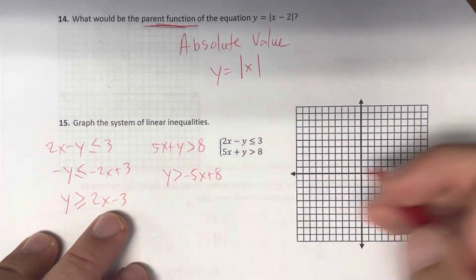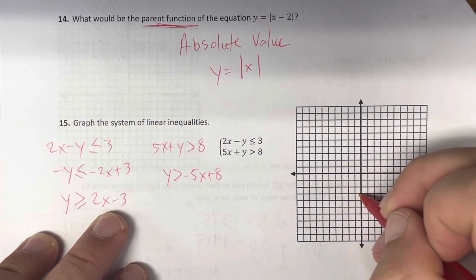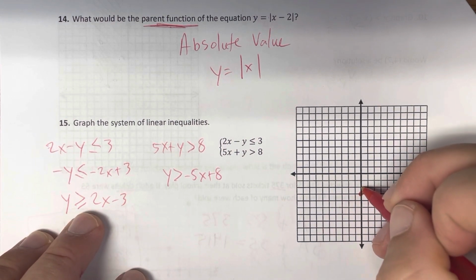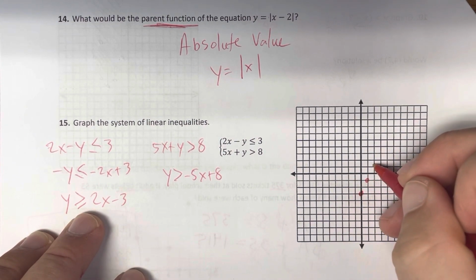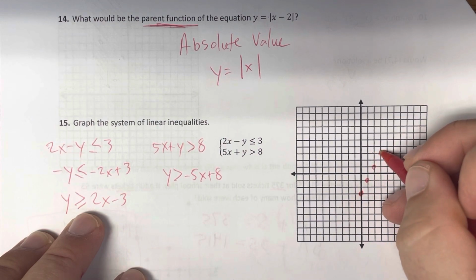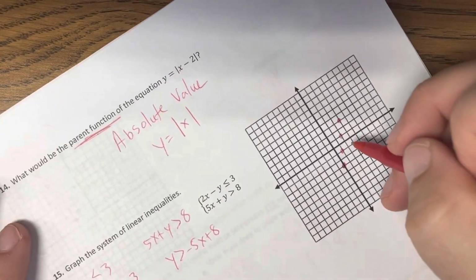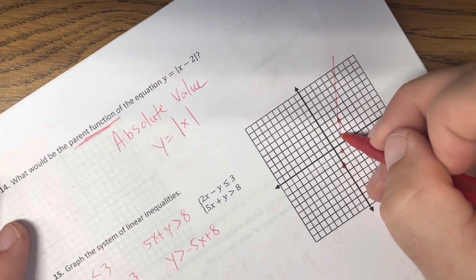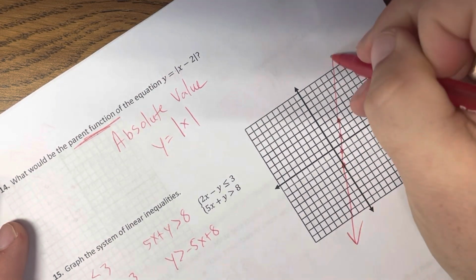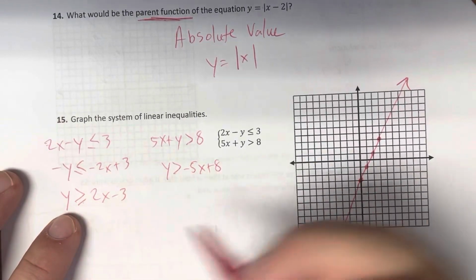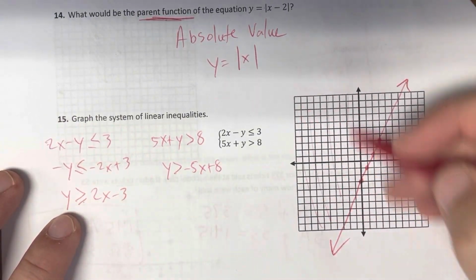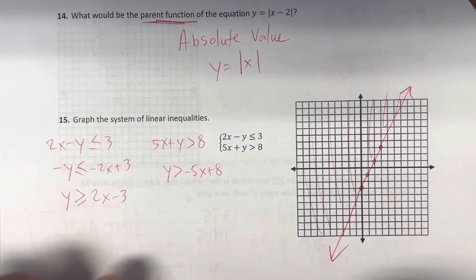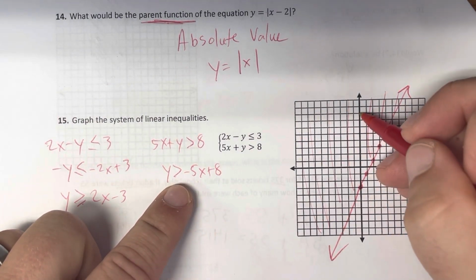So for this first one, we're going to go down 3, 1, 2, 3. That's my y-intercept. My slope is 2, so I'll go up 2, right 1, up 2, right 1. And I'll draw that line going through all these points. And this one would be shaded above, so I'll just kind of do a light shading, but it's going to be up above the line. And then this one, we're going to start at 8.